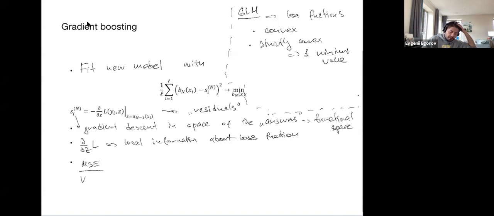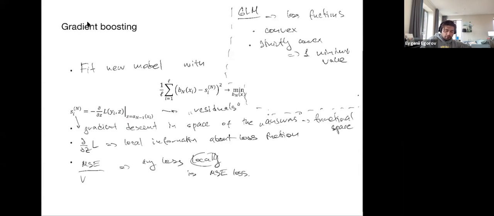The idea is that you need to keep in mind that any loss locally is MSE loss. Locally means around the current answer of the ensemble, and that's it.